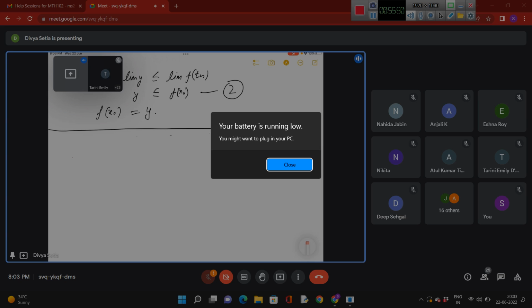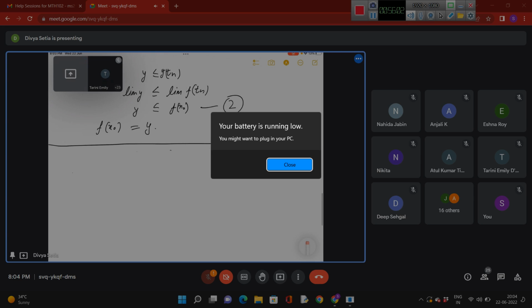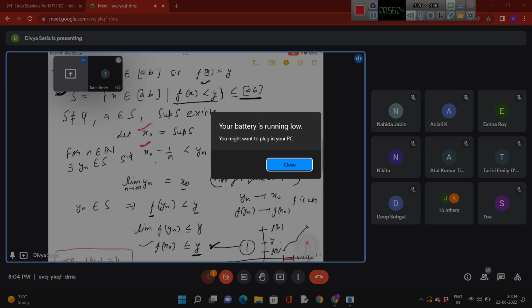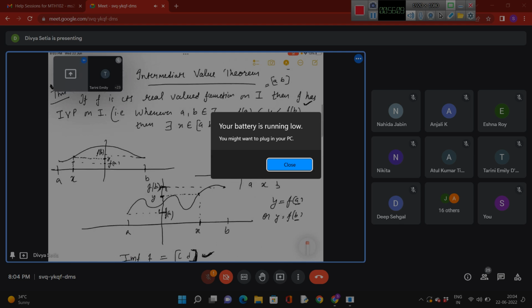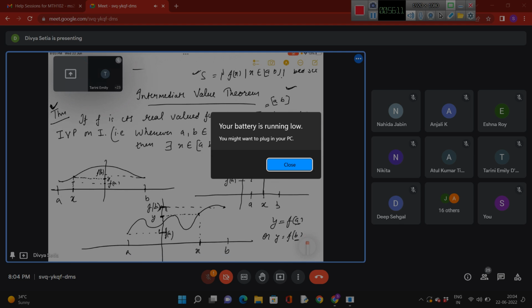The proof requires a technique, but at least people can think of the statement, right? If it is a continuous function, that means there should not be any break in between. This is what this theorem is saying, that you will not have any break between f of a and f of b because the function is continuous.